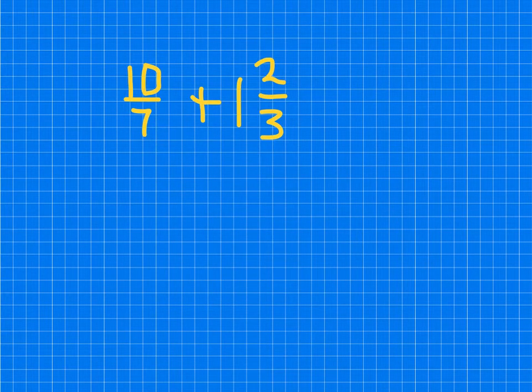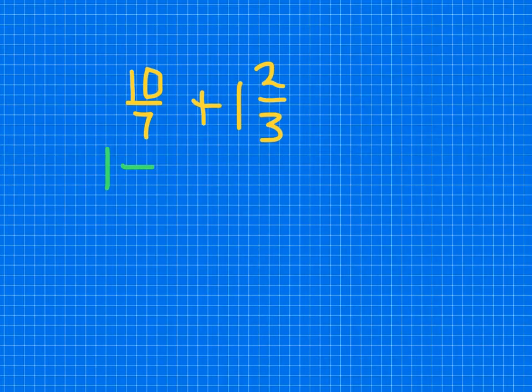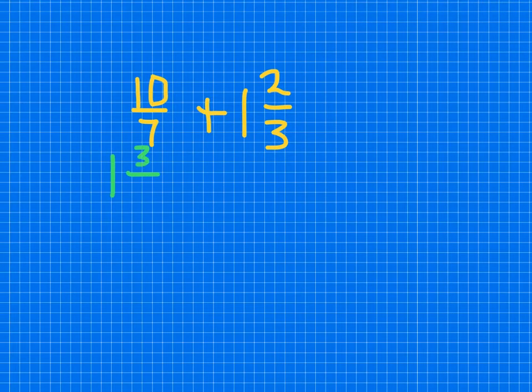This is actually the same problem, but this time instead of making improper fractions, let's change that 10/7 into a mixed number. 7 will go into 10 one time. 10 minus 7 is 3. So what we have is 1 3/7 plus 1 2/3.